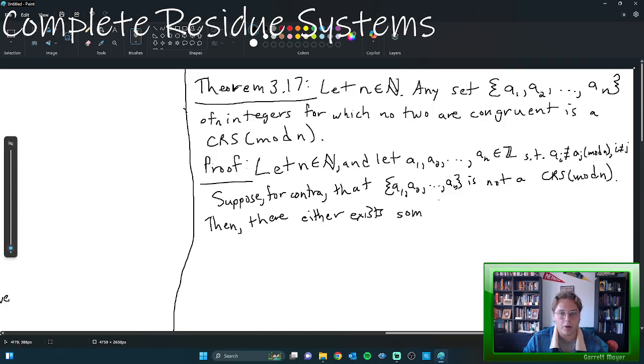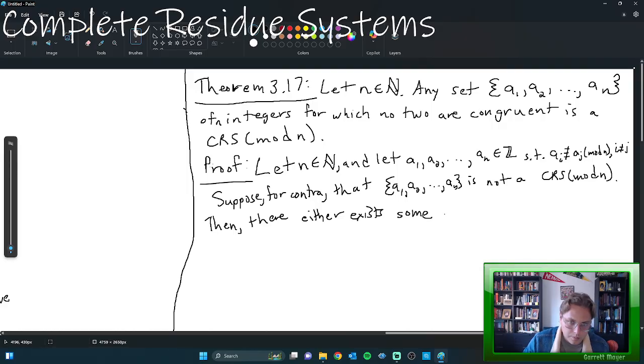What would it mean for it to not be a CRS? Well, basically it would mean that there's some integer that isn't congruent to any of the integers in this non-CRS set, or there's some integer that is congruent with two or more. That would show that it's not a CRS. Otherwise, it fits the definition.